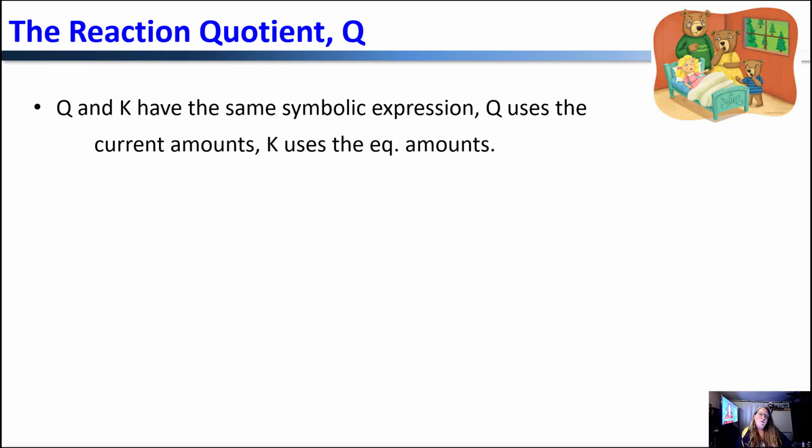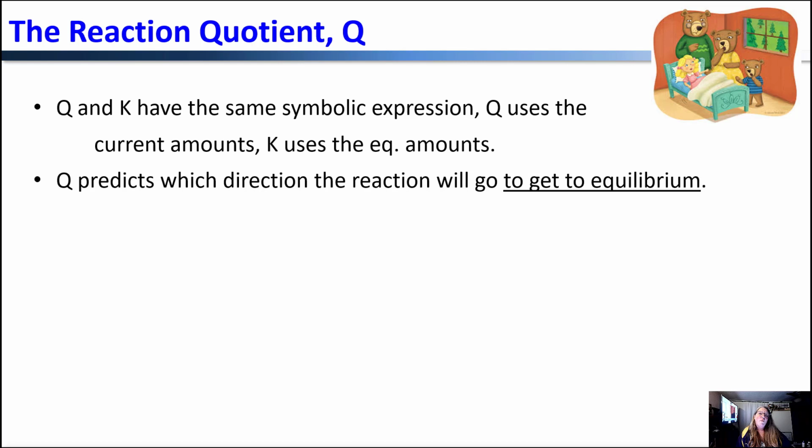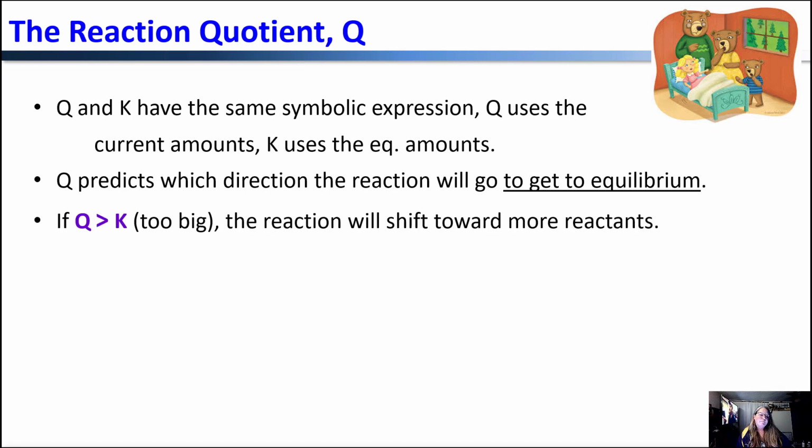Unlike K, where we use that value when we know we're at equilibrium, with Q we can use amounts at any time and compare the value of Q to K to figure out what direction the reaction needs to go in order to get to equilibrium. If Q is a lot bigger than K, we have a lot more product than reactant, so the reaction is going towards the reactants, to the left.